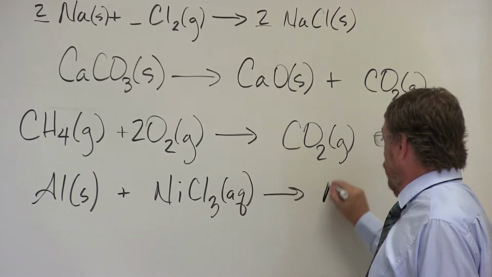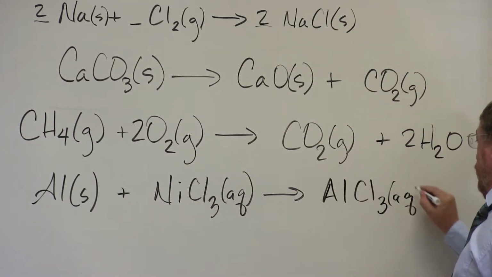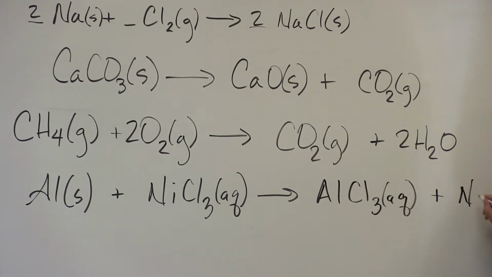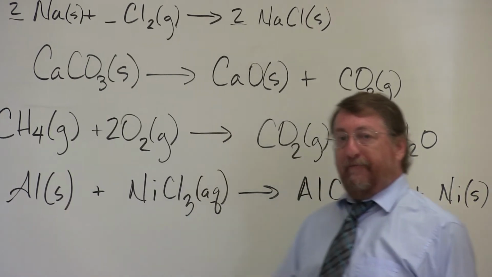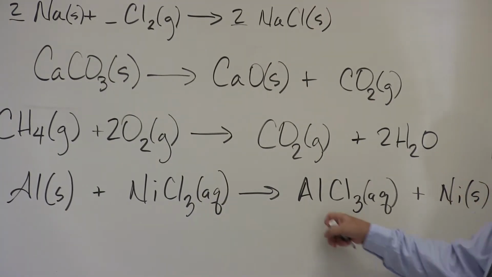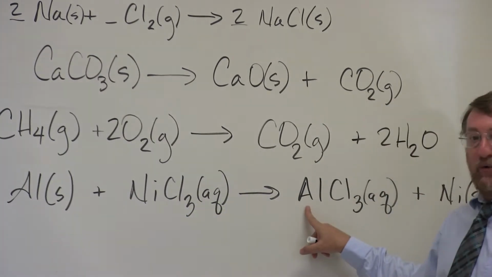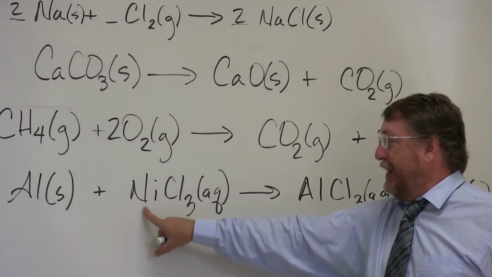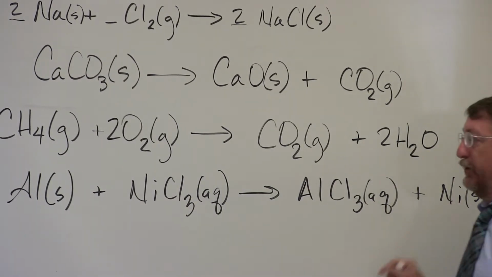So I'm going to get aluminum chloride plus solid nickel. Notice, start with an element, end with an element. Pure element, not a charged species. The aluminum was neutral, became +3. It was oxidized. The nickel was +3, became 0, it was reduced.